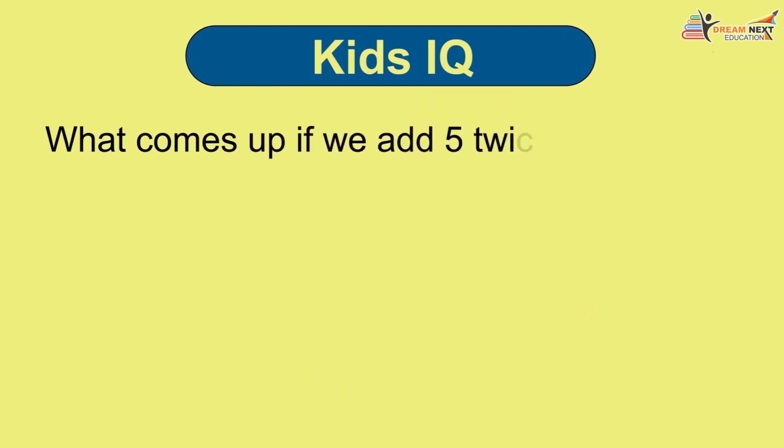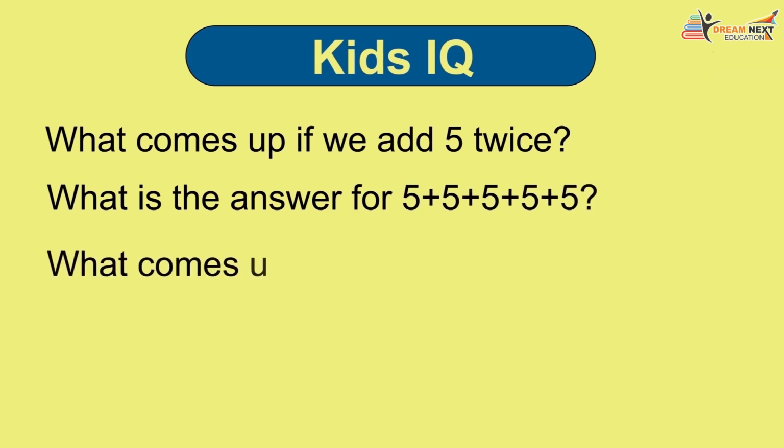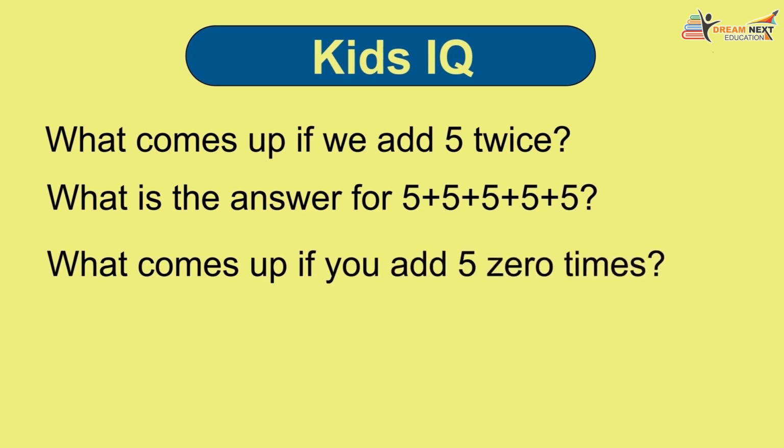Kids IQ. What comes up if we add 5 twice? What is the answer for 5 plus 5 plus 5 plus 5 plus 5? What comes up if we add 5 0 times?